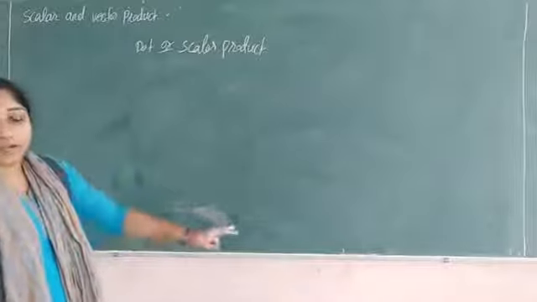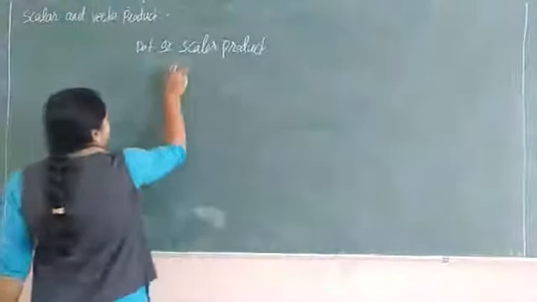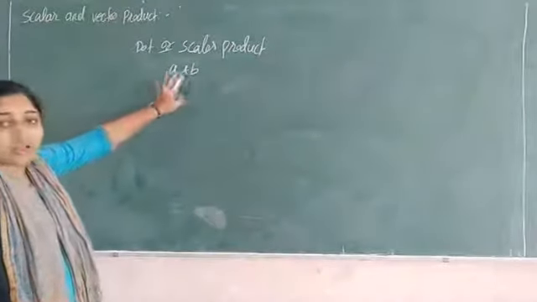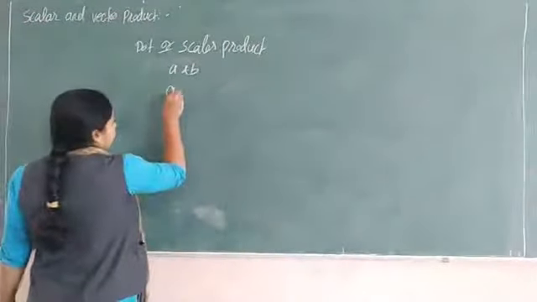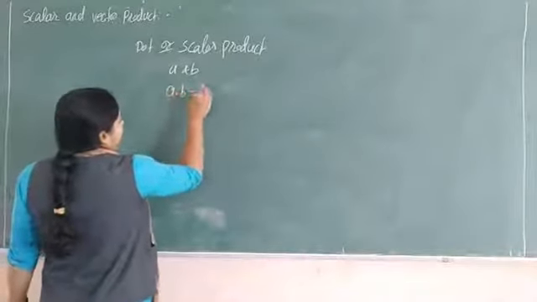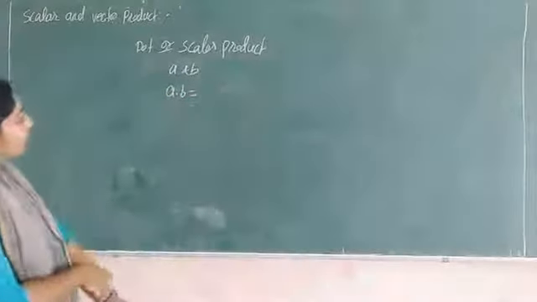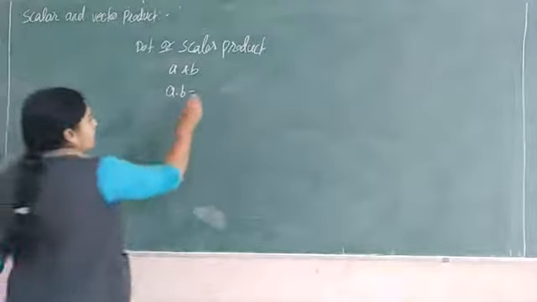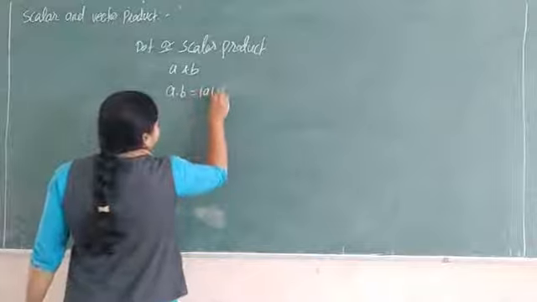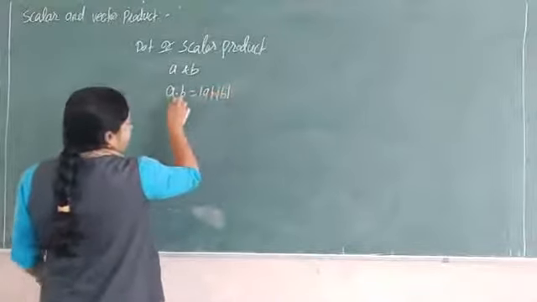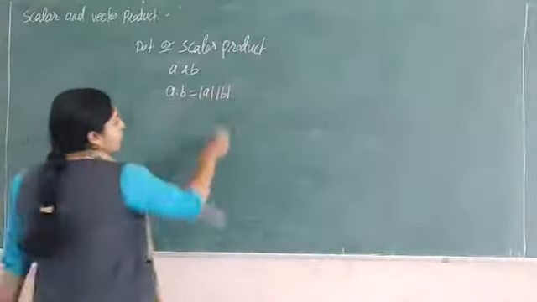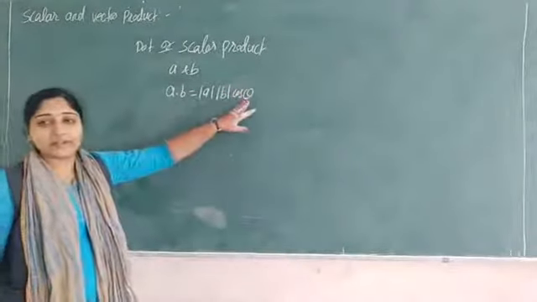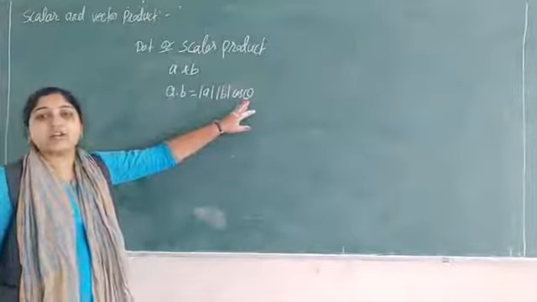So the dot product or scalar product of vectors a and b, if two vectors a and b are given, is given by a dot b is equal to modulus of a into modulus of b into cos theta. This is a trigonometric function. Cos theta is called the cosine of the angle.